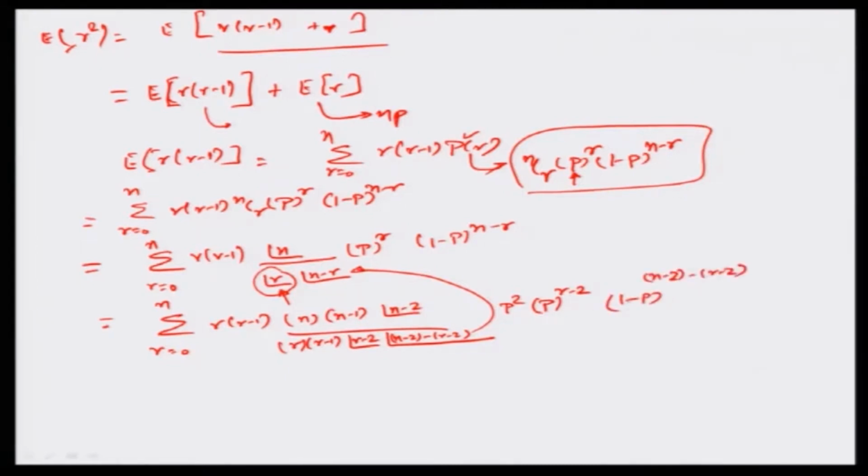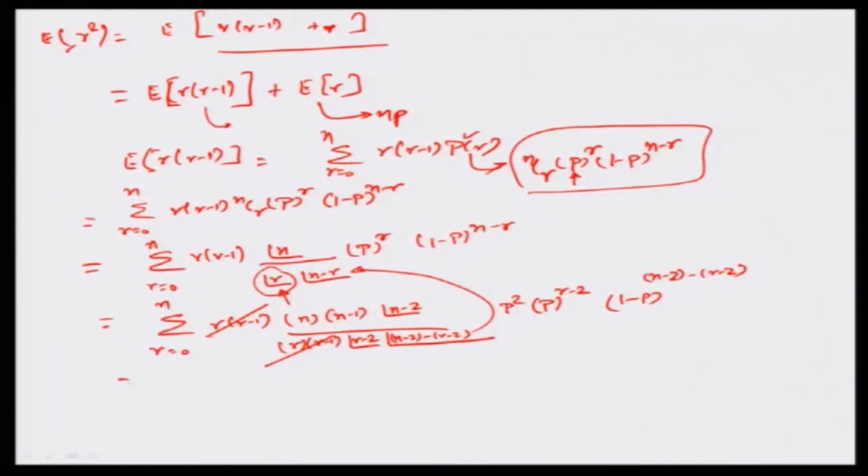So, I am just trying to write it down in an algebraically correct manner, but what we are doing in the process is very interesting: these r minus 1 terms get cancelled, as they are the same in the numerator and denominator.